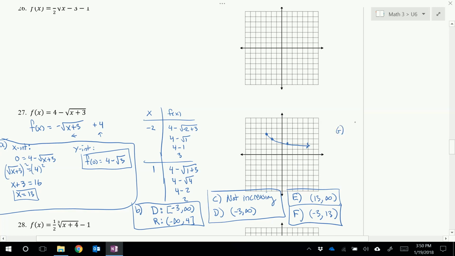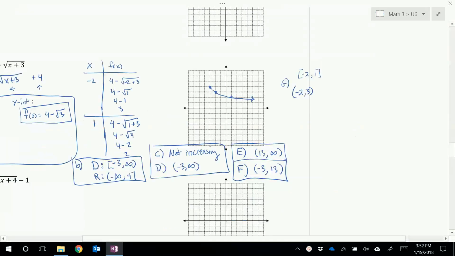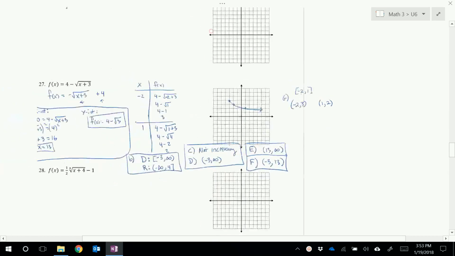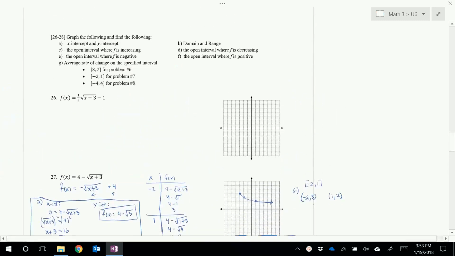So from -2 to 1. And we have these points. When x is -2, its y value is 3. And when x is 1, we get a y value of 2, seen in our table and our points that we graphed. And so G again is asking for the average rate of change.